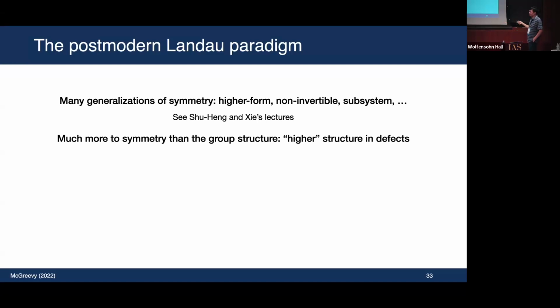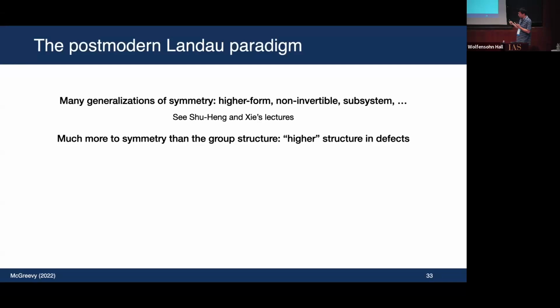But there are many different generalizations. There are higher-form symmetries, non-invertible symmetry, subsystem symmetry, and you can make whatever combinations between these adjectives. Another aspect of the generalization is that we are learning there is more to the notion of symmetry. Usually we just say, okay, there's Z2 symmetry and Z2 is a group structure. But there's more to symmetry than just a group.